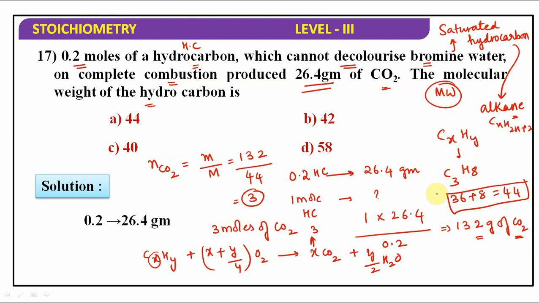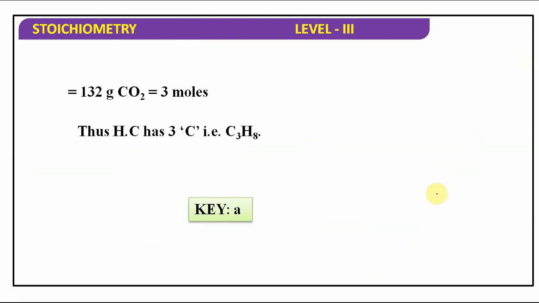Check it carefully. If you have any doubts, you can post it in the live chat. Clear? Right? So once again, watch it twice if you did not understand. That is what they have given in the solution also. Final solution, that is A. So the molecular mass will be 44, and that is propane, that is the hydrocarbon. Understood? Is it clear?